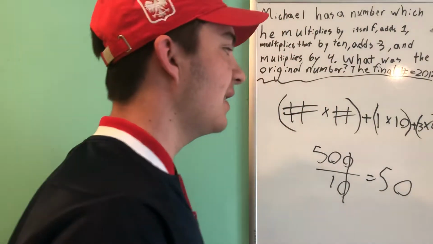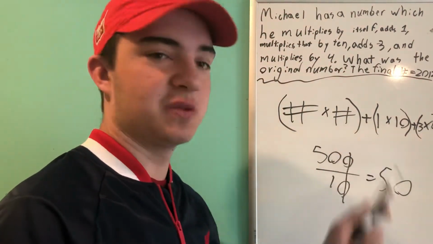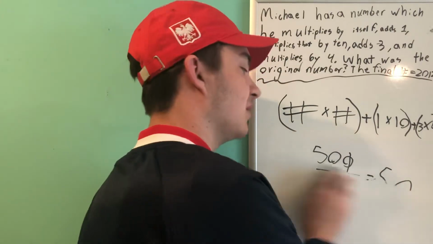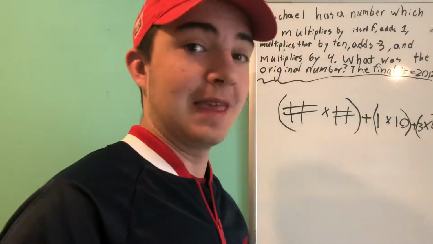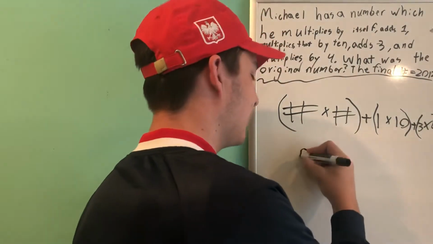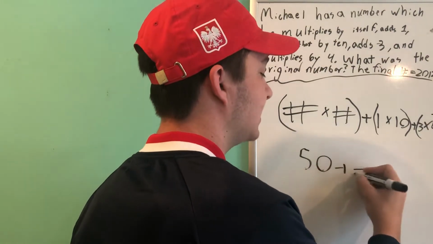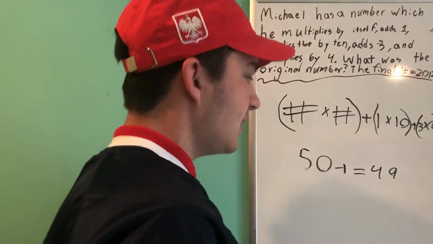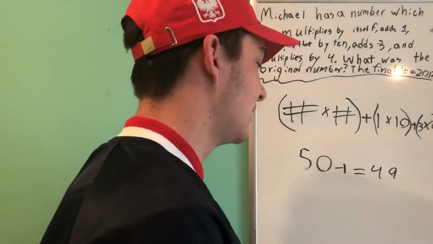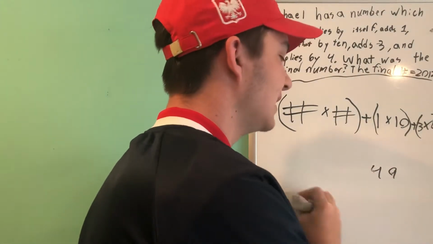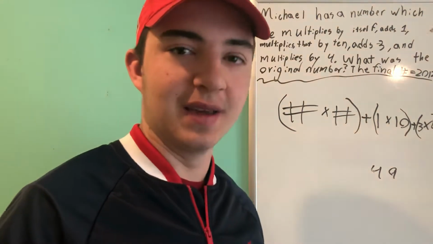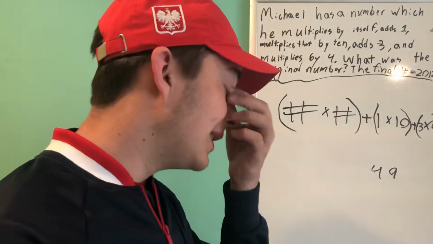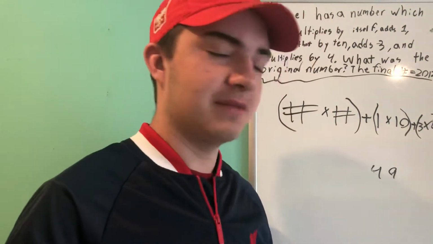So you get 50 there, and now the next step is plus 1. But again, we don't do plus 1. We do minus 1. So 50 minus 1, and that's equal to 49. Now, the final step. A number times a number is equal to 49. Well, I know pretty simply that 5 times 5 is 25.